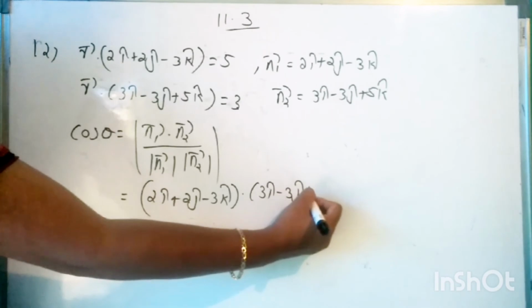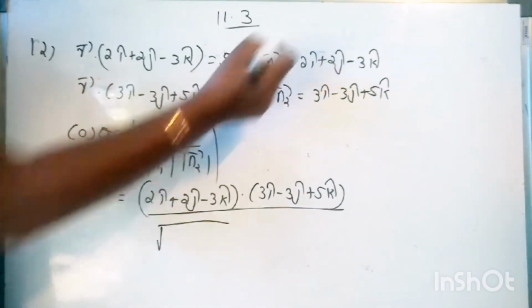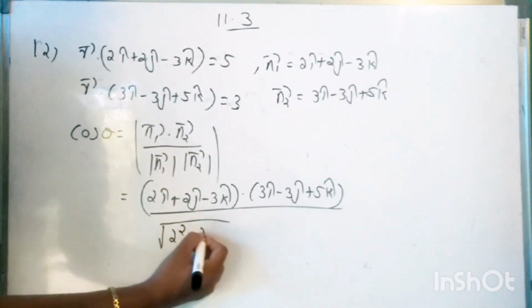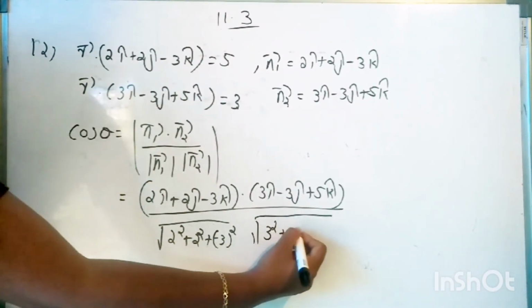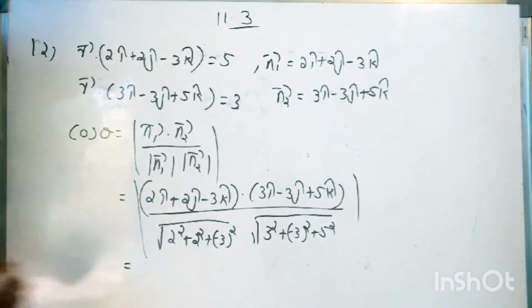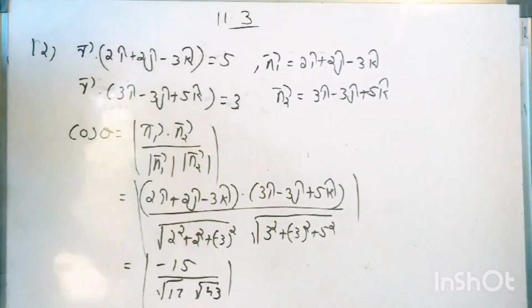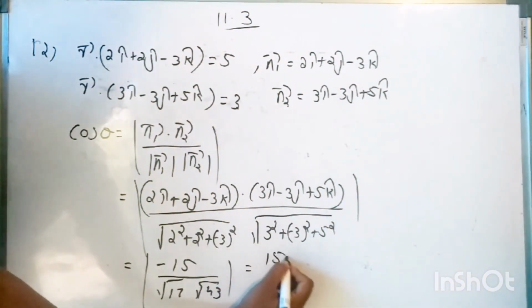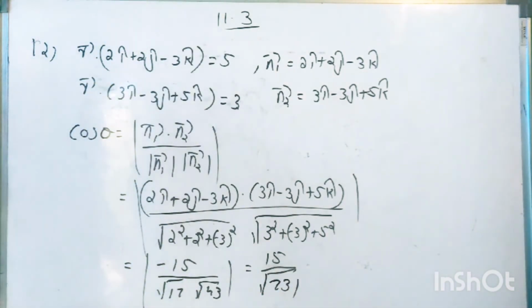dot 3i minus 3j plus 5k divided by square root of 2 square plus 2 square plus minus 3 square into square root of 3 square plus minus 3 square plus 5 square, and this is equal to minus 15 divided by root 17 into root 43, that is 15 divided by root 731.